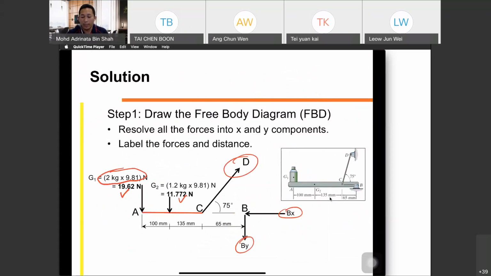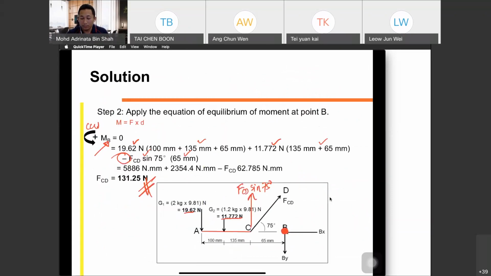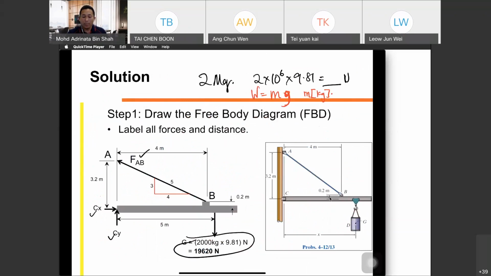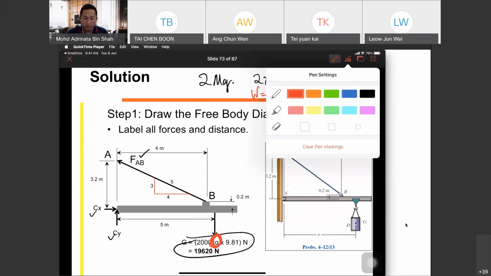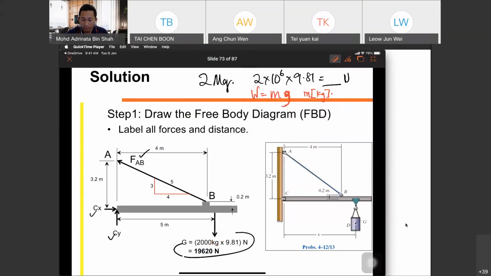W is equal to mg, M in kilogram, so do not make a mistake. So this is kg. Please remember. And then what else do we have? We have the load, pin CX, CY, load at B, load at D, and we have FAB. Alright, so that is the free body diagram.